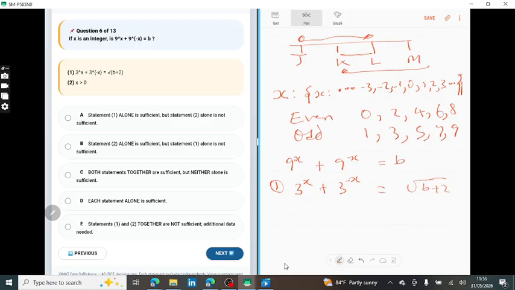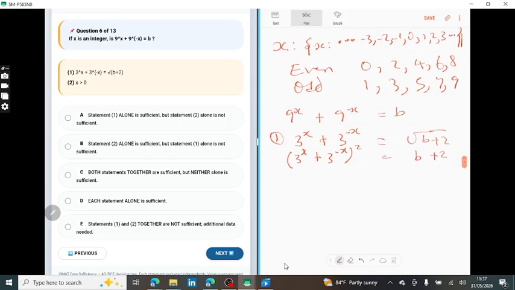Now, to remove the square root, we square. If we square, we are going to get the square of everything here, which is 3 to the s plus 3 to the minus s, all squared, equals b plus 2.